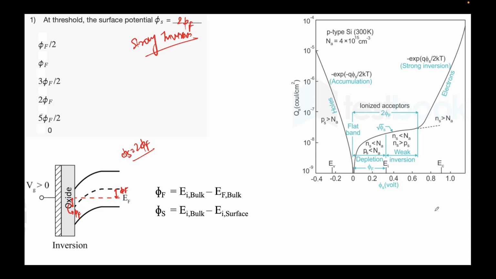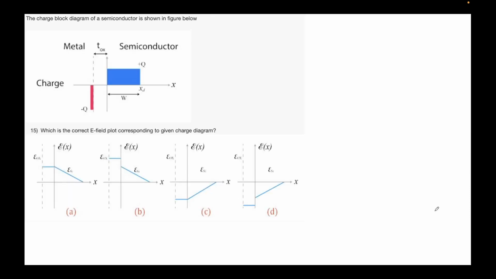So now let's apply this understanding to get some electric field profiles. As we did in p-n junctions, we draw charge profiles, then electric field profiles, and then potential profiles. All these three are related.